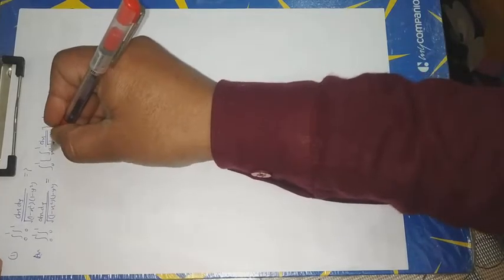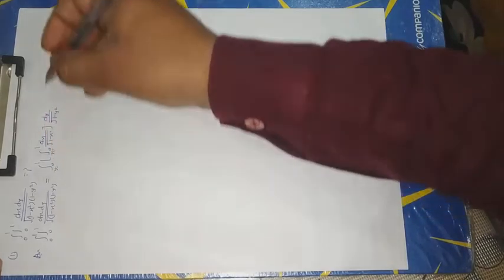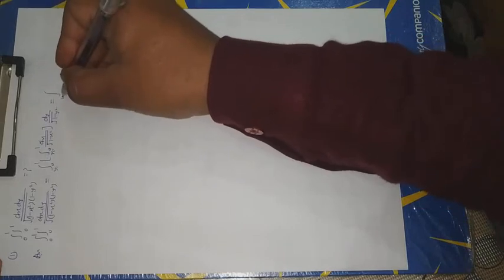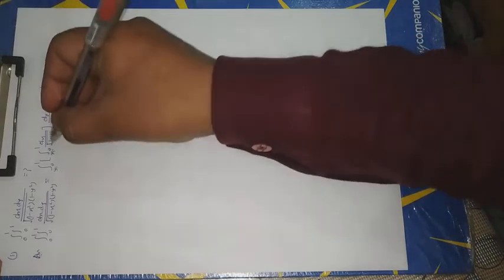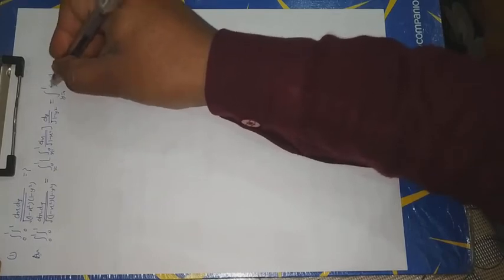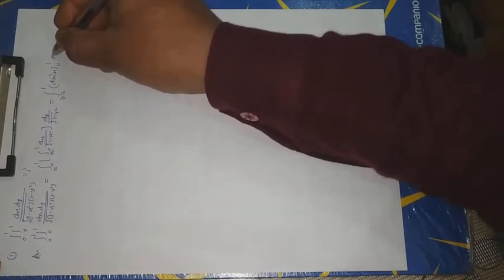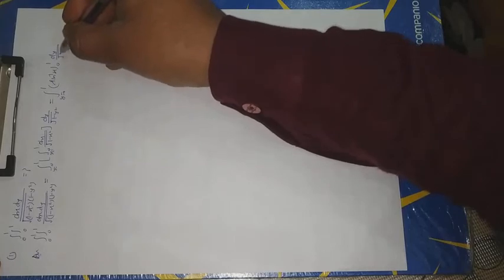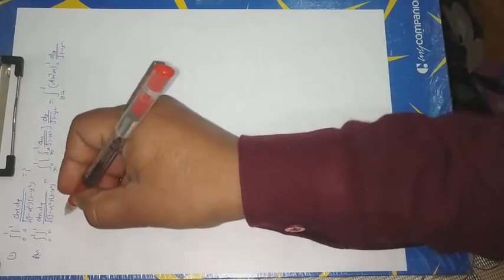This is the limit of x, this is the limit of y. Now integral y is equal to 0 to 1. The integral of this is sine inverse x, limit 0 to 1, dy upon under root 1 minus y square.